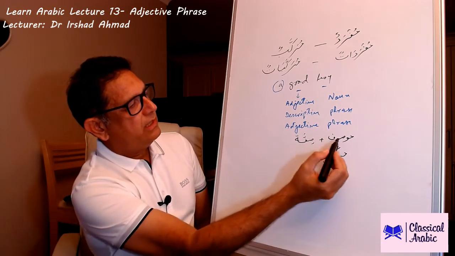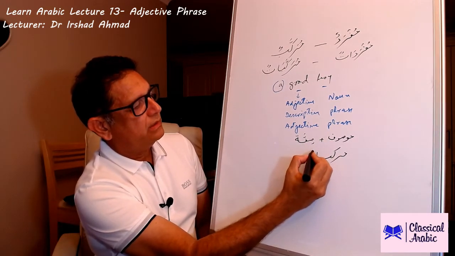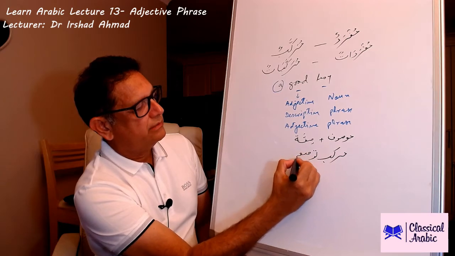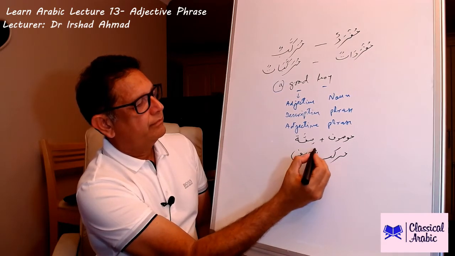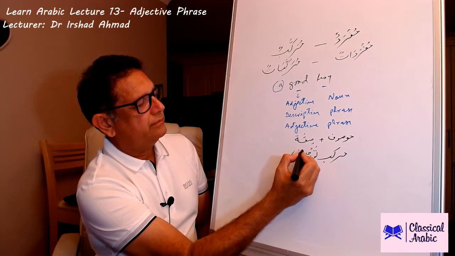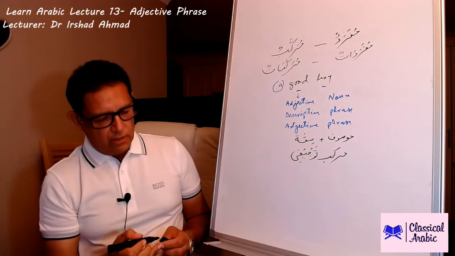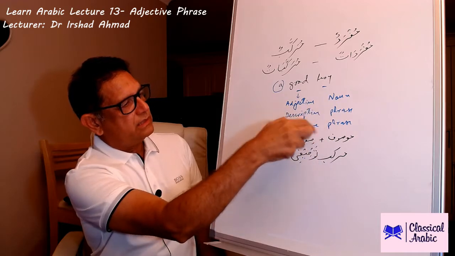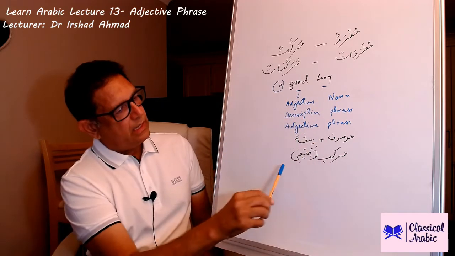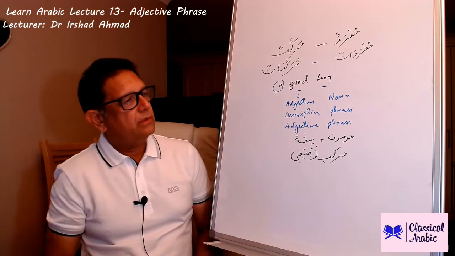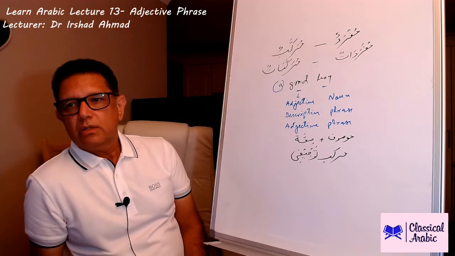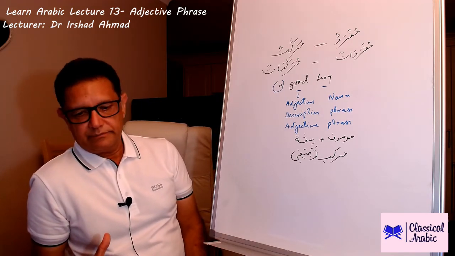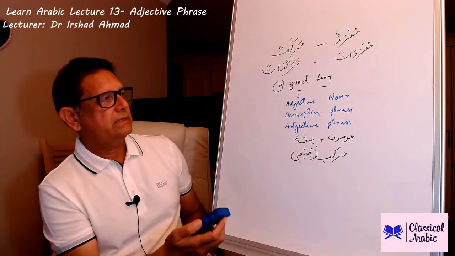From sifa and mawsuf we have another word, murakkab tawsifi. So for adjective phrase or descriptive phrase, in Arabic we have murakkab tawsifi. That is the first point in this phrase.